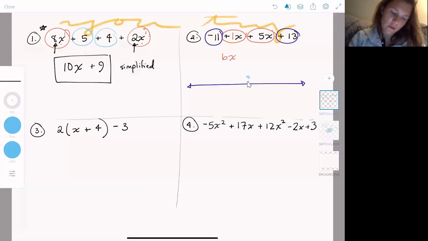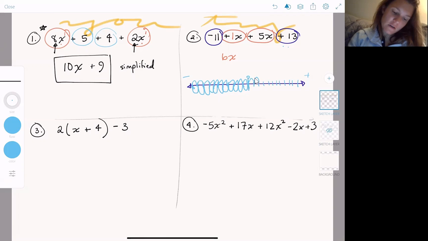I've got 0 in the middle, and here I'm going to bounce 1, 2, 3, 4, 5, 6, 7, 8, 9, 10, 11 in the negative direction, and then 13 in the positive direction. 1, 2, 3, 4, 5, 6, 7, 8, 9, 10, 11, 12, 13.